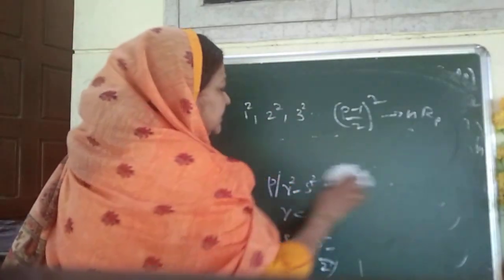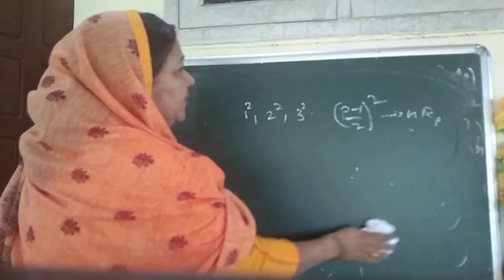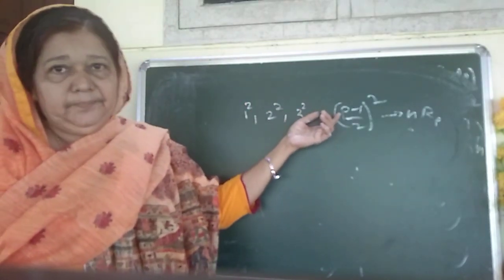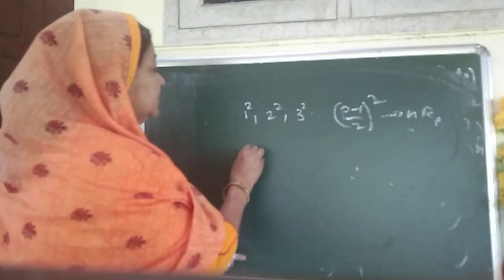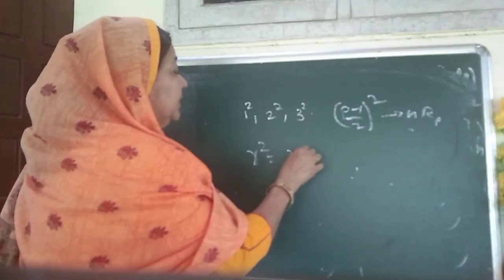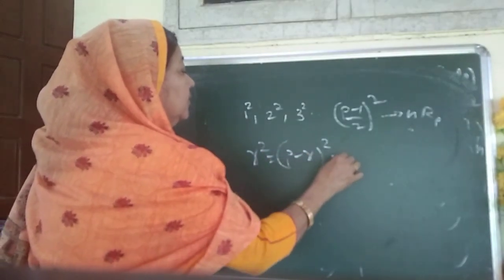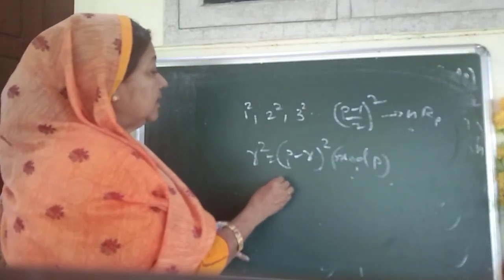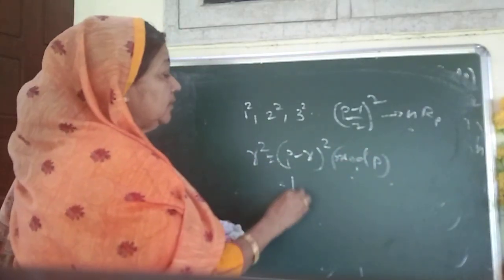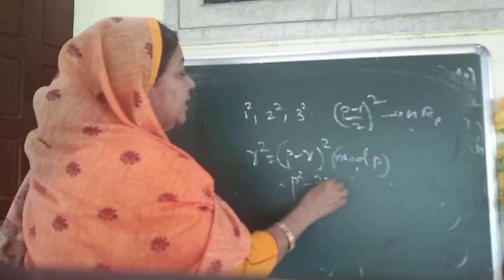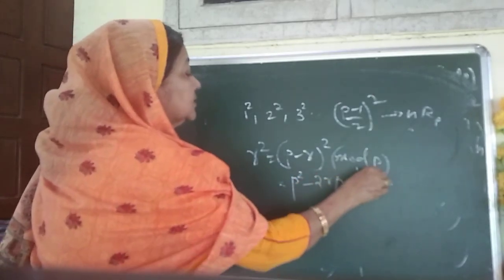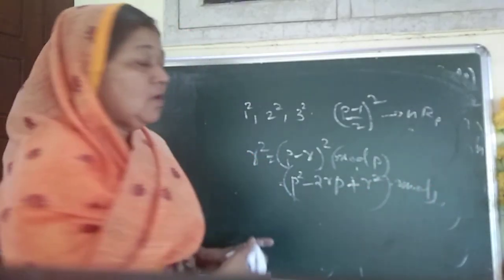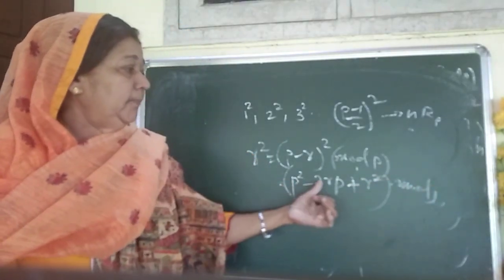Therefore, there are at least p minus 1 by 2 numbers which are quadratic residues modulo p. Again, we know r square is congruent to p minus r the whole square modulo p, because p minus r the whole square equals p square minus 2rp plus r square modulo p, and p divides all the other terms.